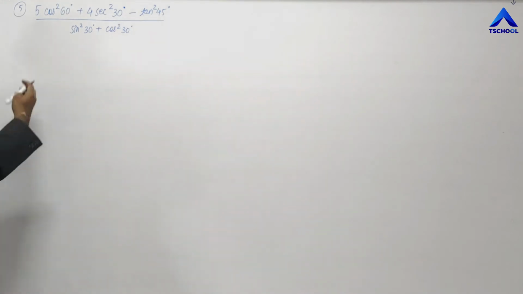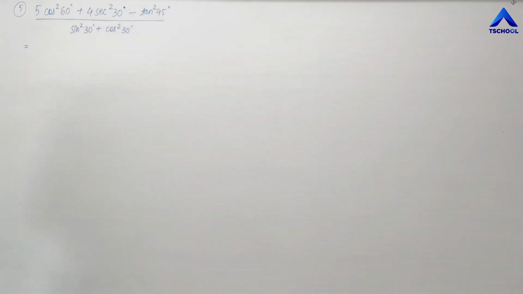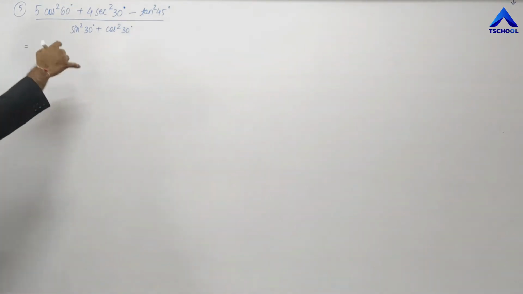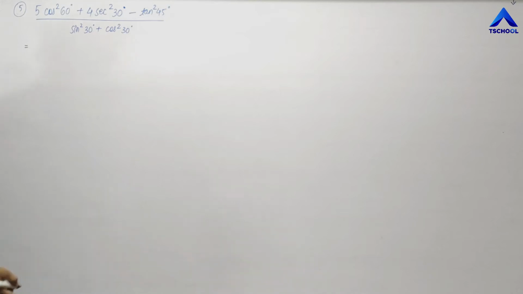So again we shall put the values here. What is cos 60? Cos 60 whole square, sec 30 whole square, tan 45 whole square.